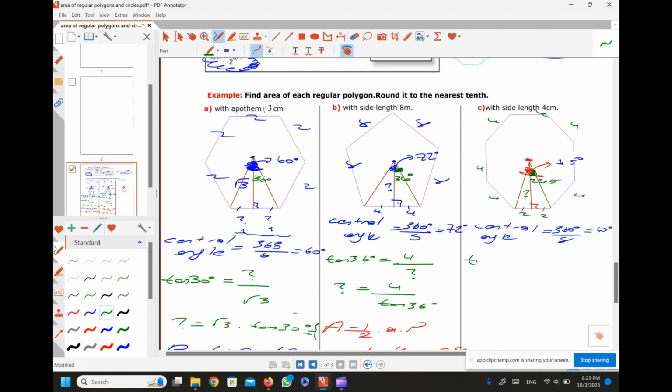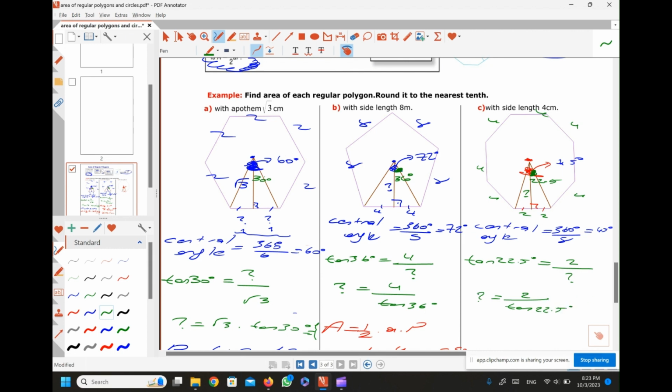Tangent of this angle, 22.5 degrees, equals the opposite side, which is 2, over the adjacent side, which is missing. When you do the cross product, your adjacent side becomes 2 over tangent 22.5.